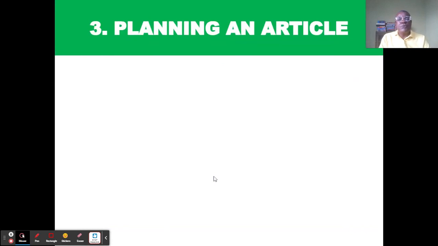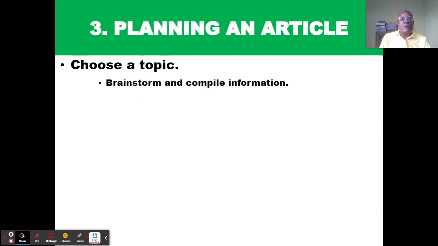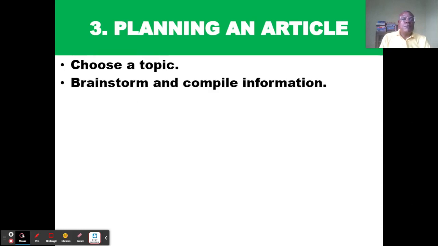Now, this brings us to step number 3, which is planning an article. Now, planning is a very important stage of everything that is worthwhile. Now, the first thing is for you to choose a topic, brainstorm and compile information. These are all aspects of planning.